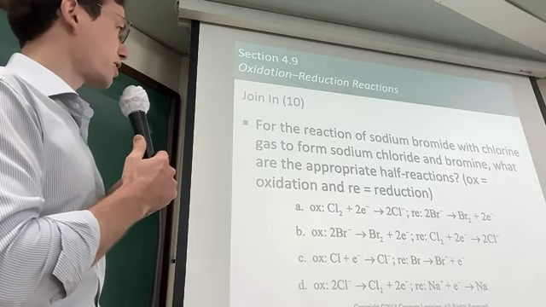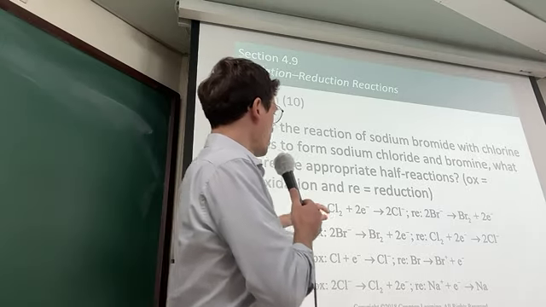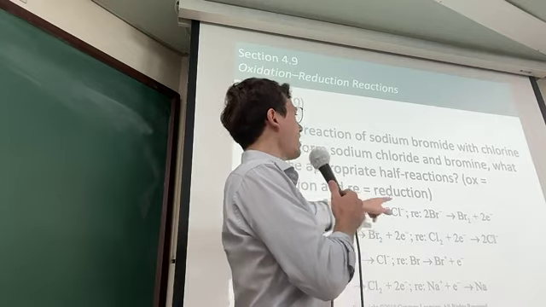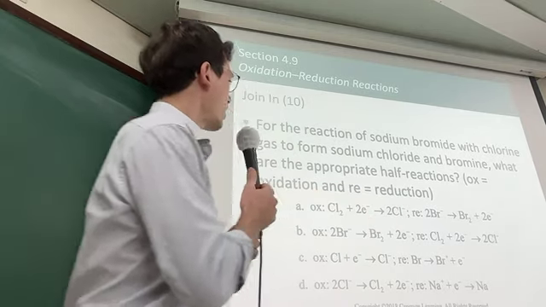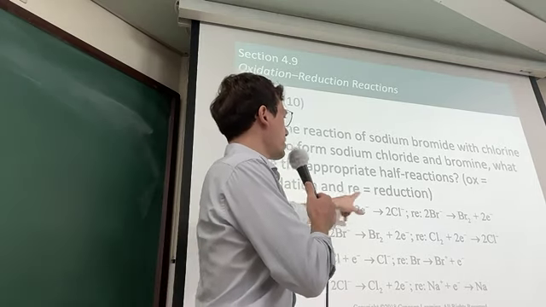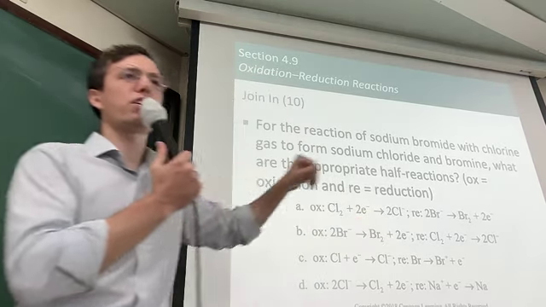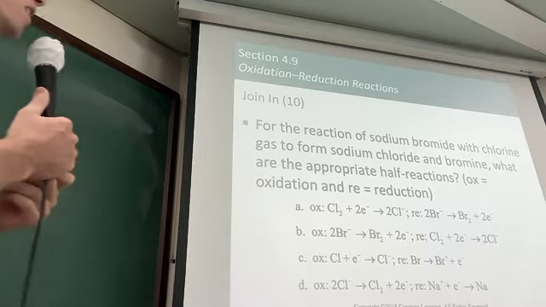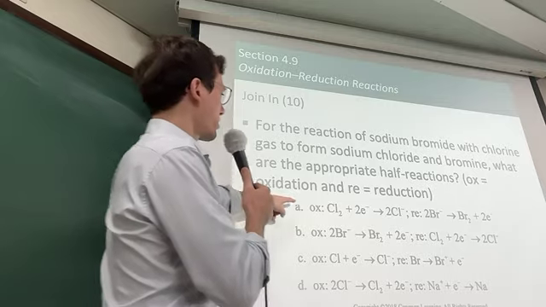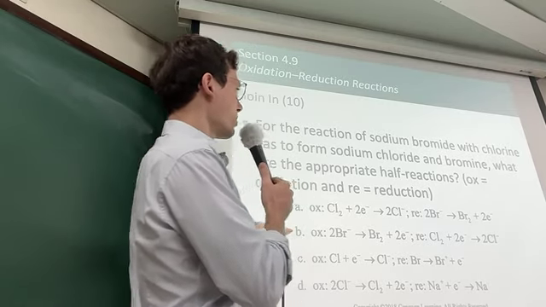That's right. Oxidation loses electrons, but here the chloride is actually gaining electrons, right? So the oxidation number actually decreases, which is called reduction, right? So that's not right. How about the second one?